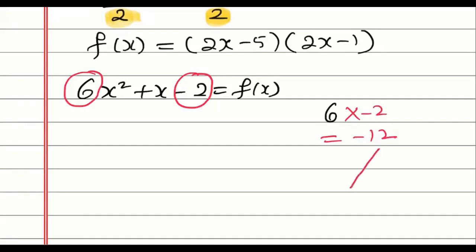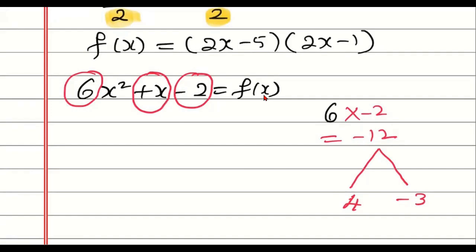Now find the factors so that the sum of the factors is the coefficient of x, which is 1. By inspection, we can write it as 4 and minus 3. The product of 4 and minus 3 is minus 12, and the sum of 4 and minus 3 is plus 1.